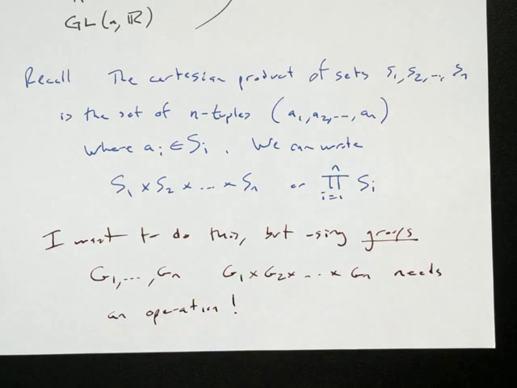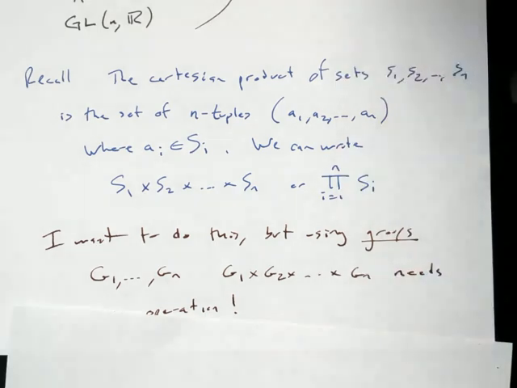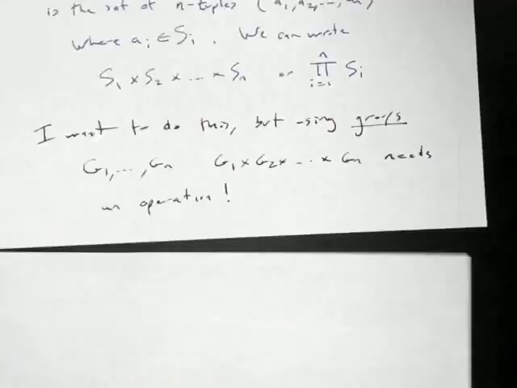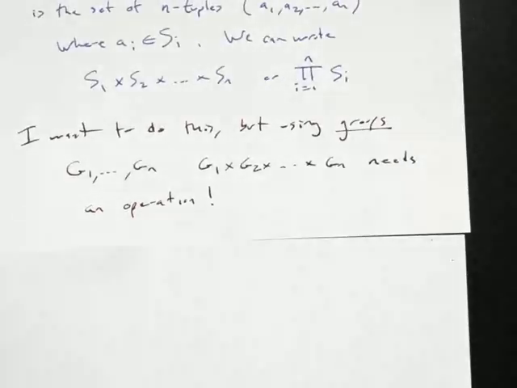Now, I know that each individual group already has an operation, right? There's some operation *1 in group 1. There's some other operation in group 2. There's another operation all the way up to group n, right? Each of them has their own individual operation.